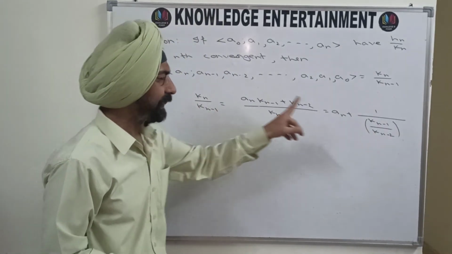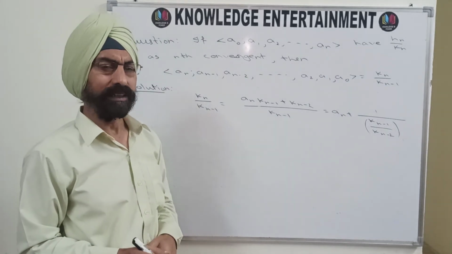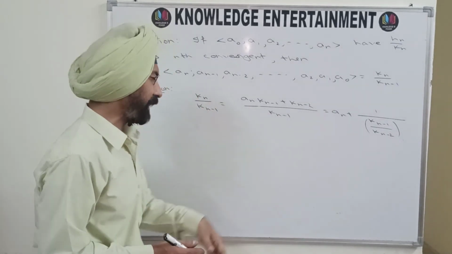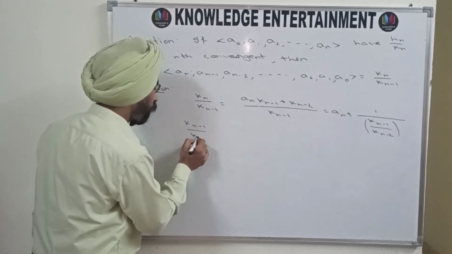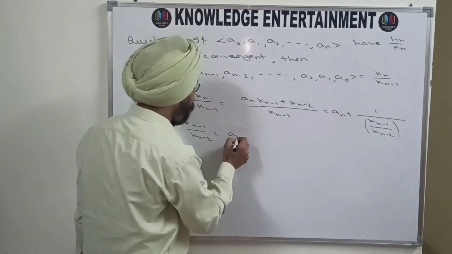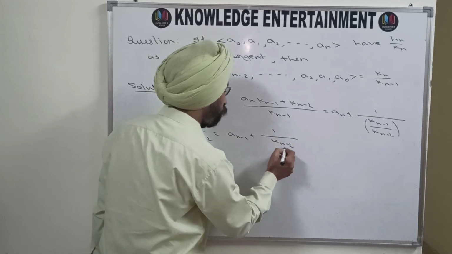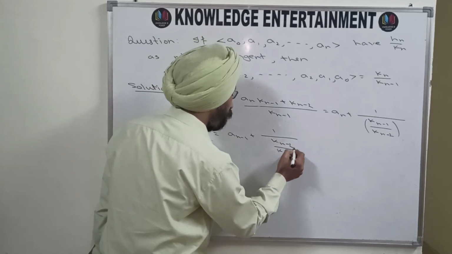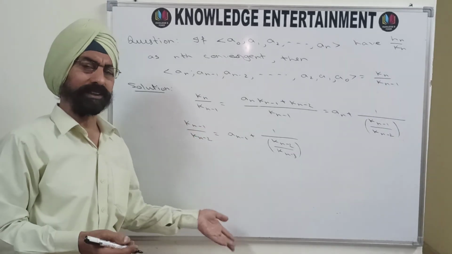Now in this identity replace n by n minus 1. What will you get? k_{n-1} over k_{n-2} is equal to a_{n-1} plus 1 upon k_{n-2} upon k_{n-3}. Then replace n by n minus 2, n minus 3 and so on.